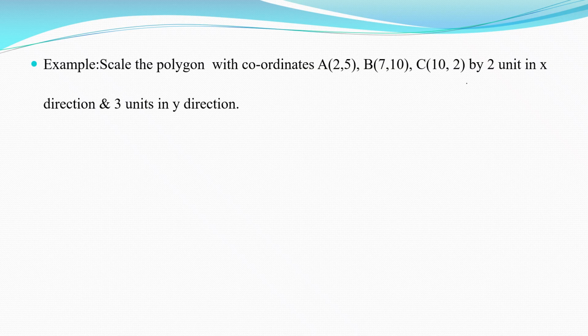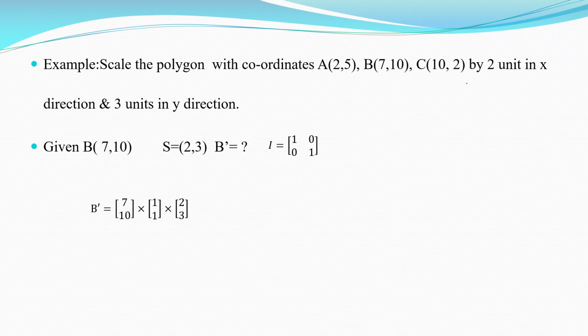Next we want to find B dash as well. Given is 7 comma 10, with s of x as 2 and s of y as 3. What is B dash? To represent it in a matrix: 7, 10 with the identity matrix and 2 comma 3. What we get as B dash is 14 and 30. How do we get this?